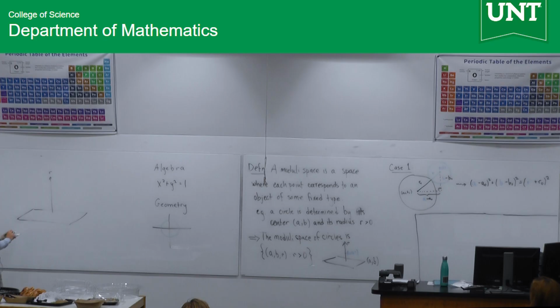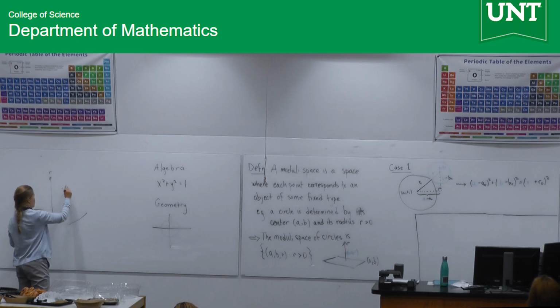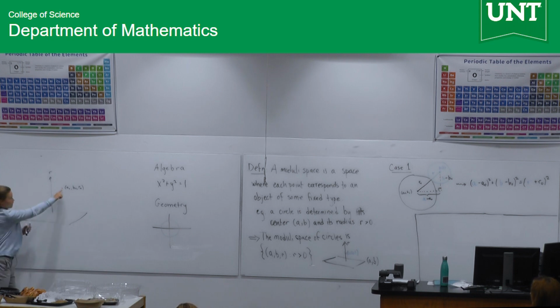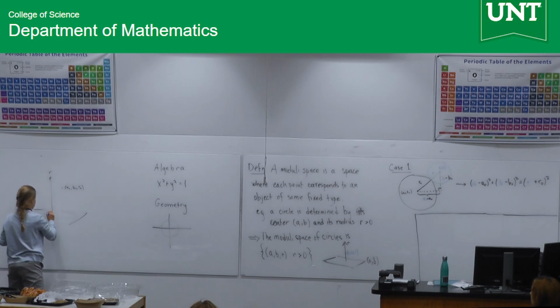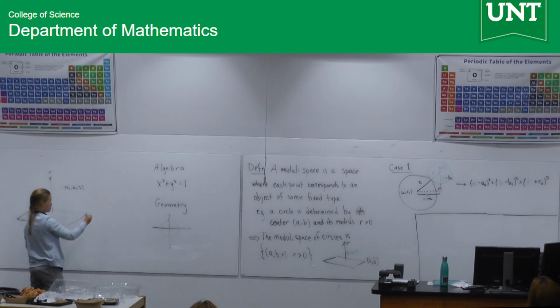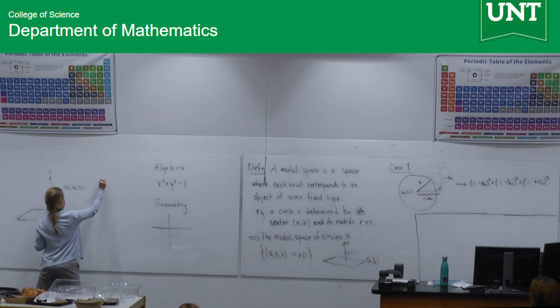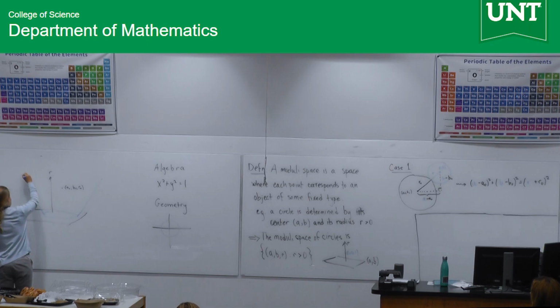So if our fixed circle was up here at (A naught, B naught, R naught) in the moduli space, you should picture its reflection being the cone point of a cone. So these circles that I'm drawing in blue are on some surface that looks like this.